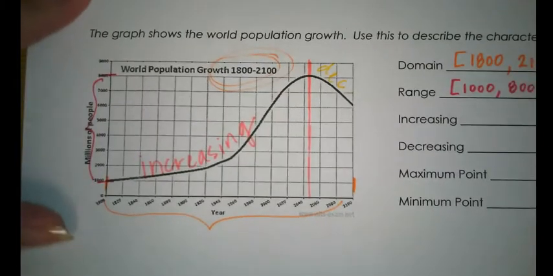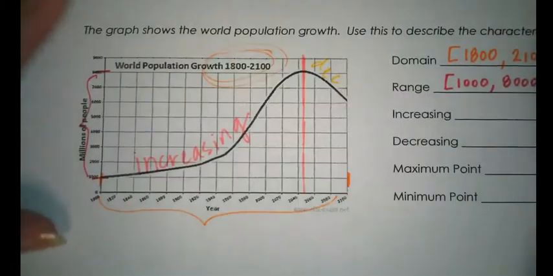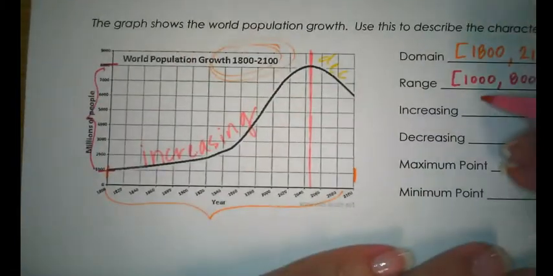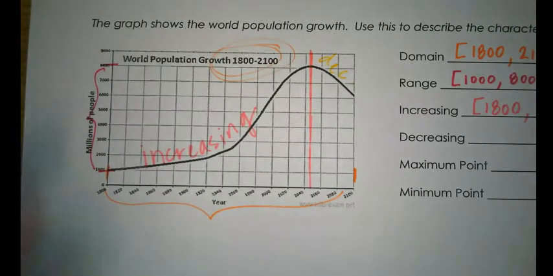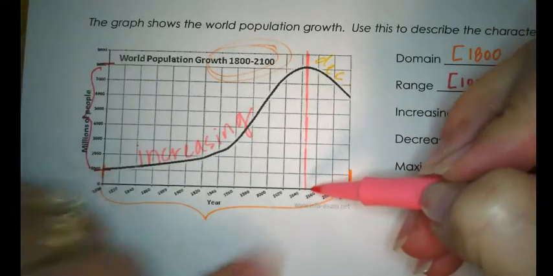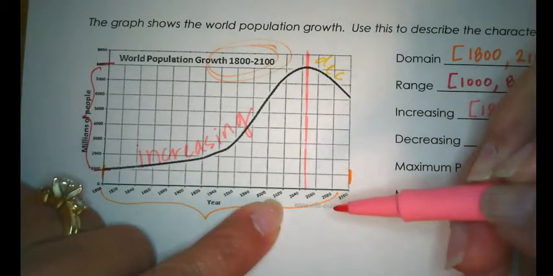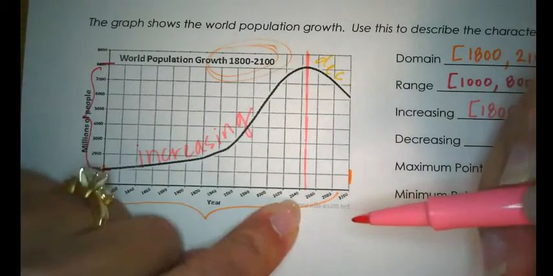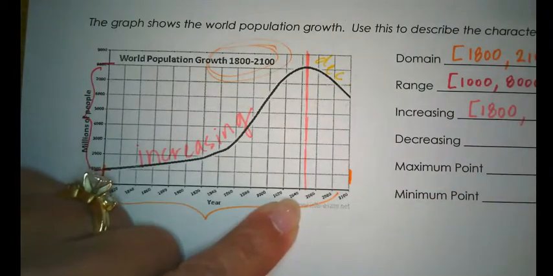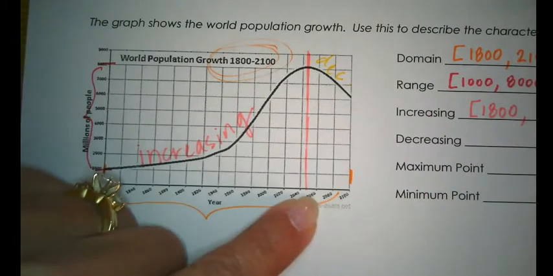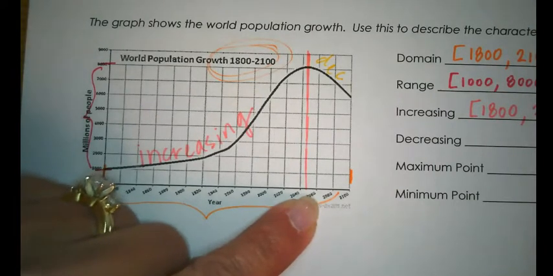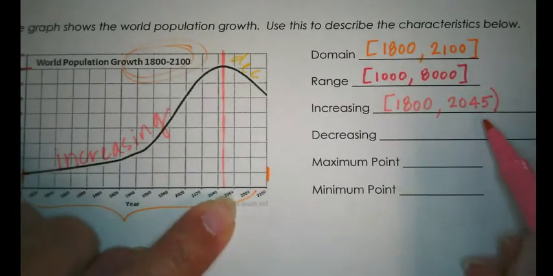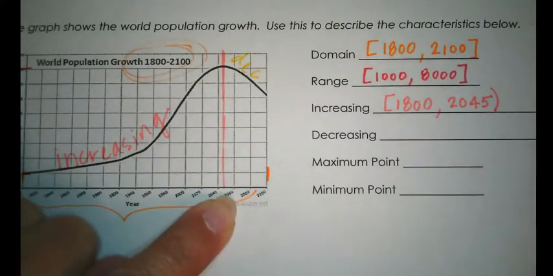So when we go over to the increasing, starting in 1800, which is our starting point, that gets a bracket, and continuing through, well, this looks like 2000, this looks like 2020, this looks like 2040, so it looks like it's going up by 20s. So I might say the year 2045 maybe, but the population didn't stop growing at that point, so we don't have a stop sign there.